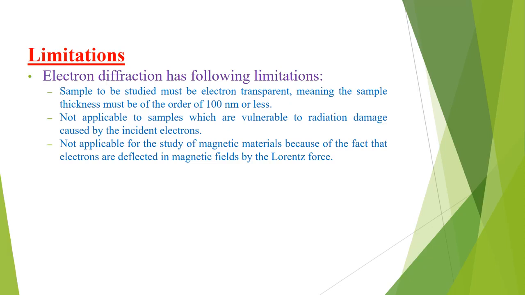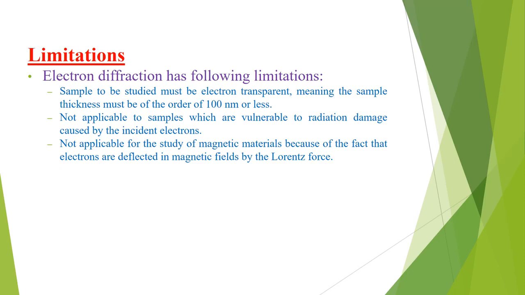Here are some limitations of electron diffraction. Number one is that the sample to be studied must be electron transparent, meaning the sample thickness must be of the order of 100 nanometers or less.